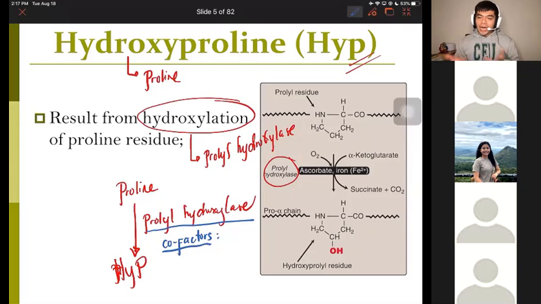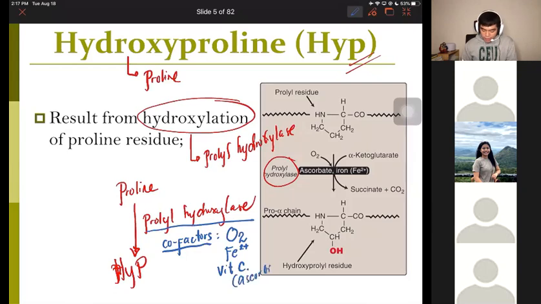So we have known cofactors for prolyl hydroxylase activation. First is oxygen, which is very easy to acquire. We just breathe, just inhale, and we already have oxygen. Second, we have ferrous ion. And then finally, vitamin C. Vitamin C is also called ascorbic acid.